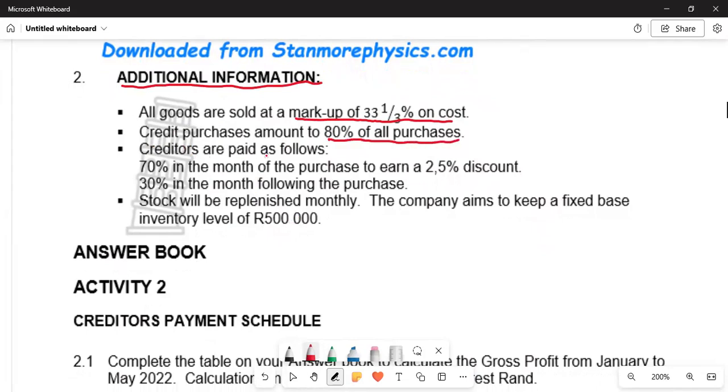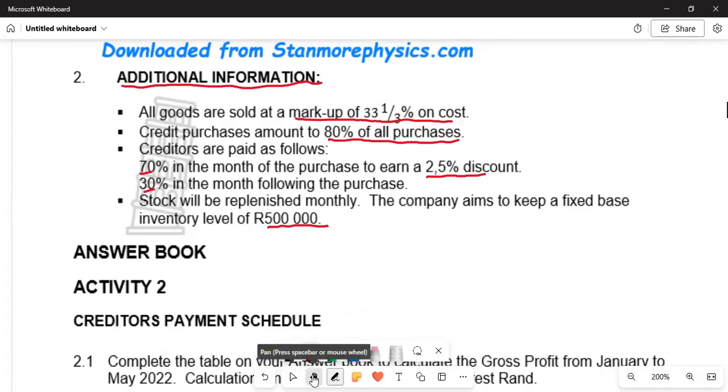Creditors are paid as follows: 70% in the month of purchase and earns 2.5% discount, 30% in the month following the purchase. And stock will be replenished monthly, and the company aims to keep a fixed base inventory level of 500,000. So that is the information that we are given.